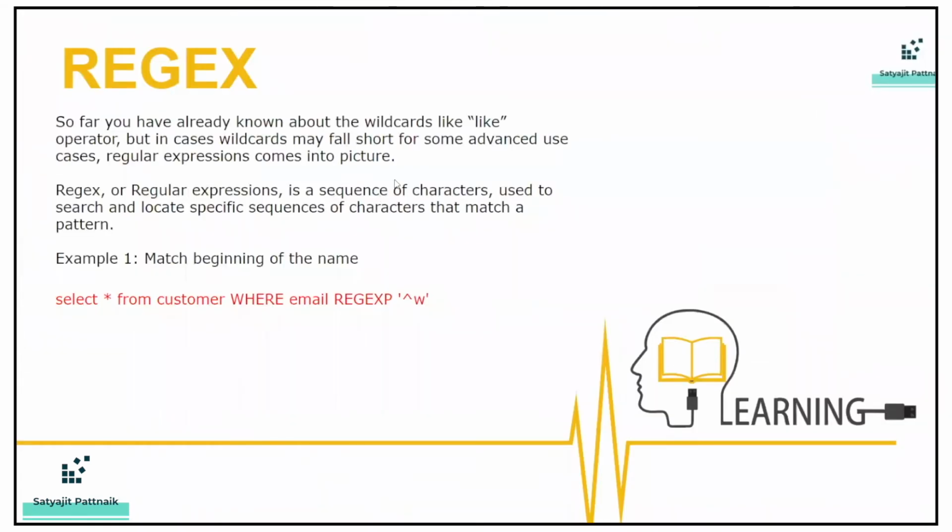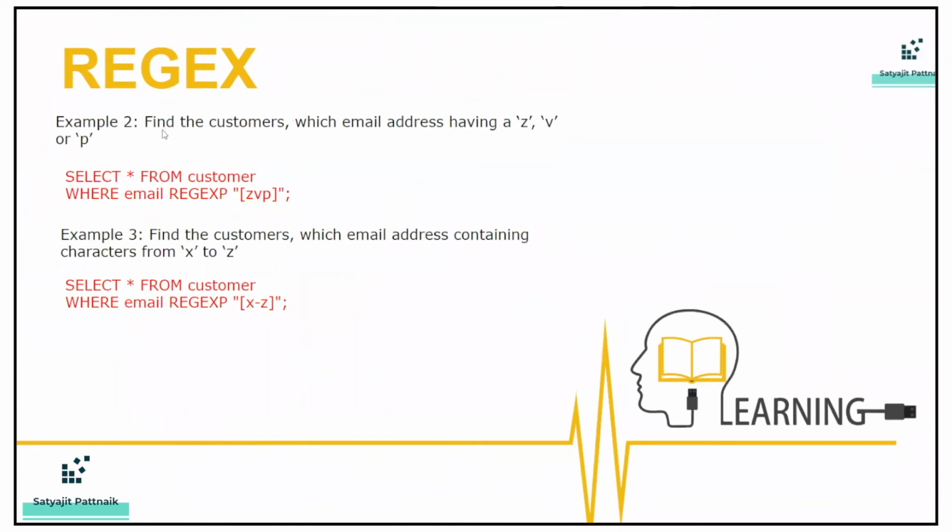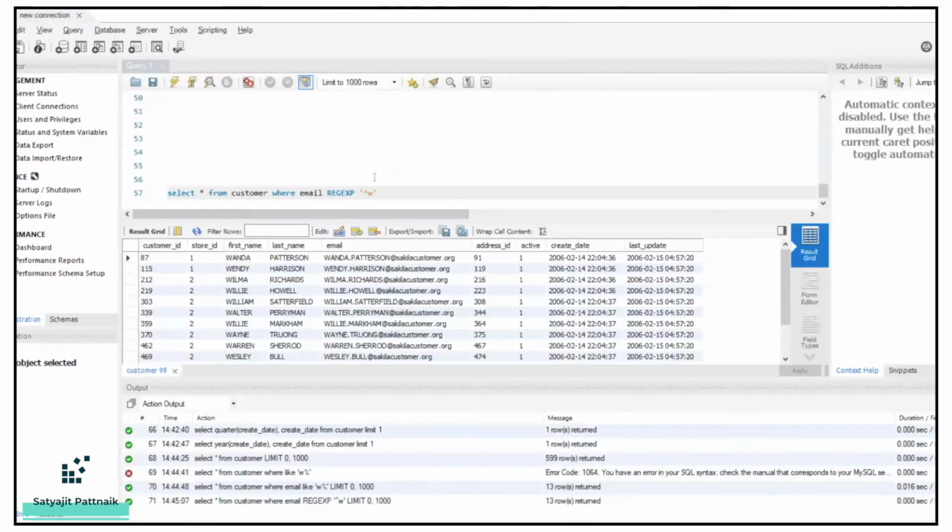There are some other examples as well, like to find the customers whose email address has a Z, X or P. Okay, so what you should do?